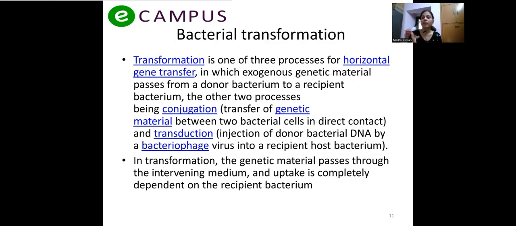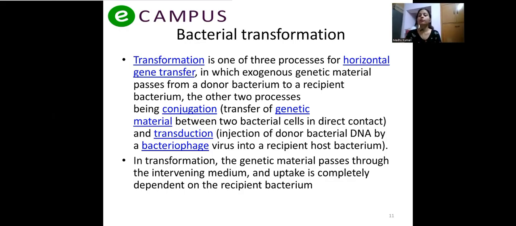One bacterium contains the plasmid, called F plus, and the other does not contain the plasmid, called F minus. The F plus bacterium transfers its plasmid to the F minus bacterium, and then both are F plus.